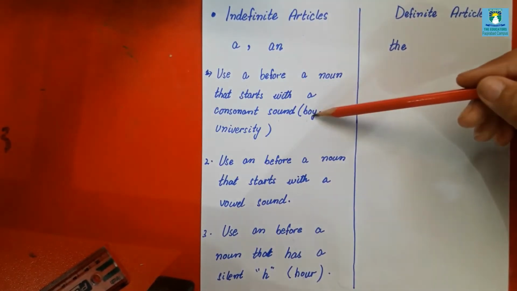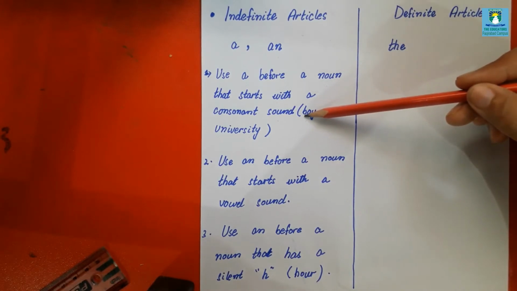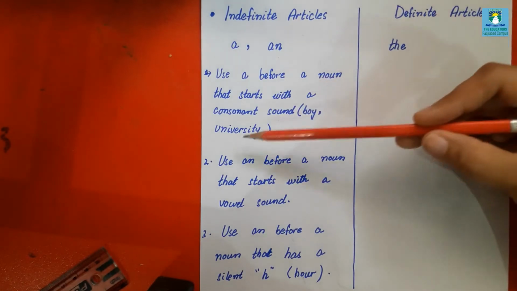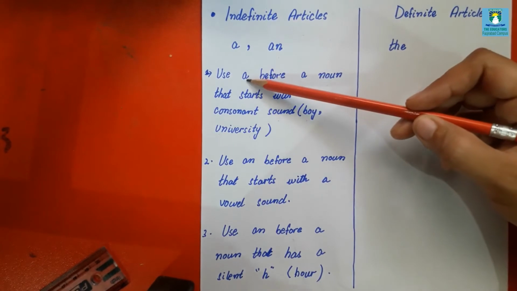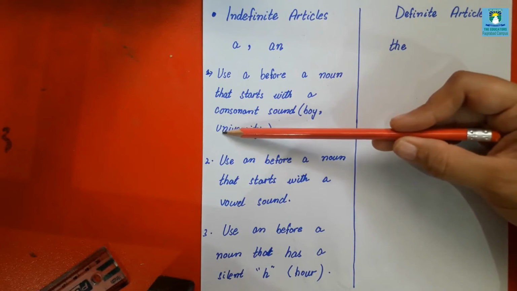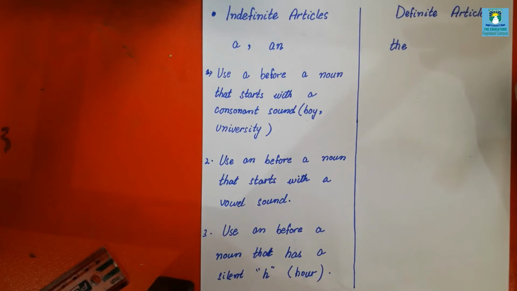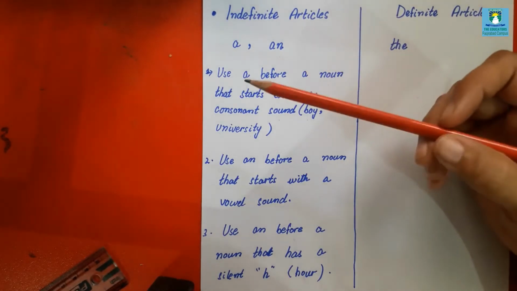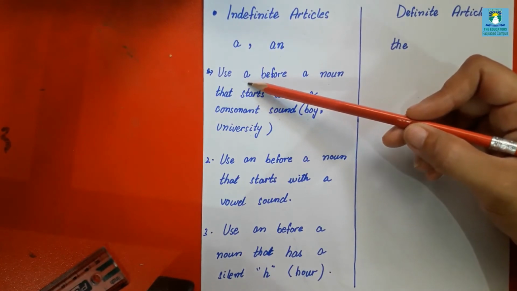For example, boy, b. It's starting with a consonant sound, b. Similarly, university. Although u is a vowel, we will still use a because university starts with a consonant sound. Similarly, some other examples will be girl, g, car, flower. In all such examples, we will use a before the noun.